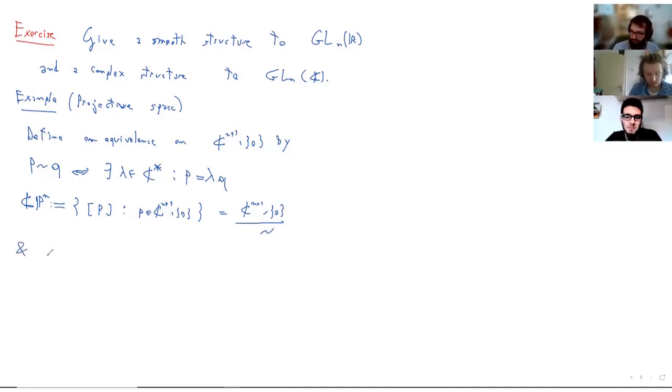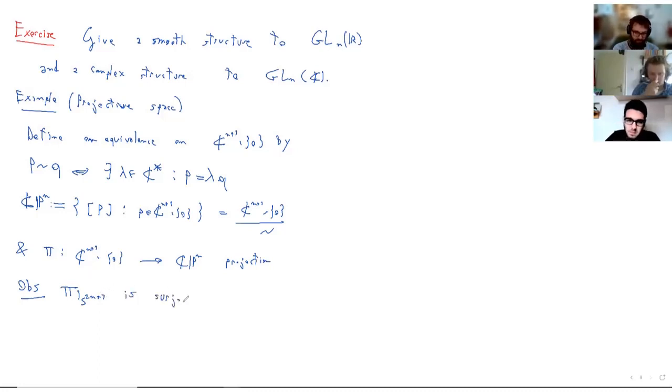And we also have pi from Cn plus 1 minus 0 to CPn, the quotient projection. One thing we can observe: if you restrict pi to the unit sphere inside Cn plus 1, which you can think of as R to n plus 2, so the unit sphere is S2n plus 1, this is surjective and continuous.